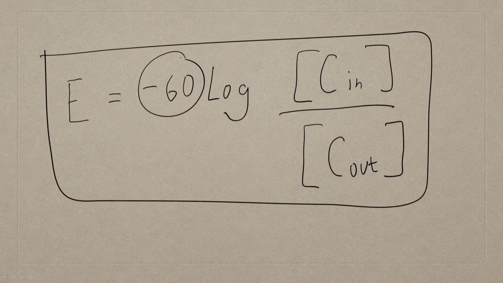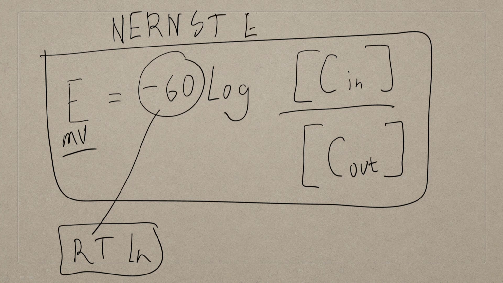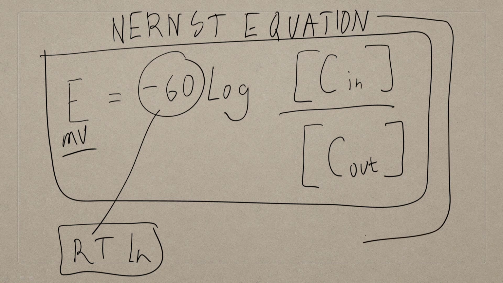This value 60 is coming from the natural log and RT/F, and I have converted all that for your simplicity. E is in millivolt. Now, what does this mean? So, this is that celebrated Nernst equation, for which Walther Nernst was awarded the Nobel Prize.